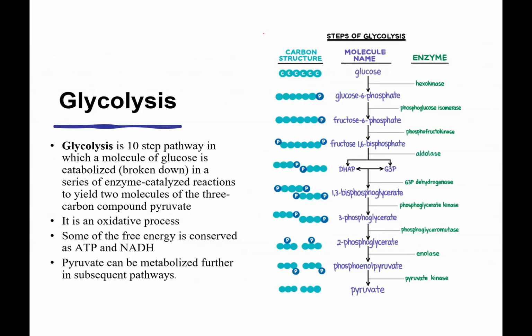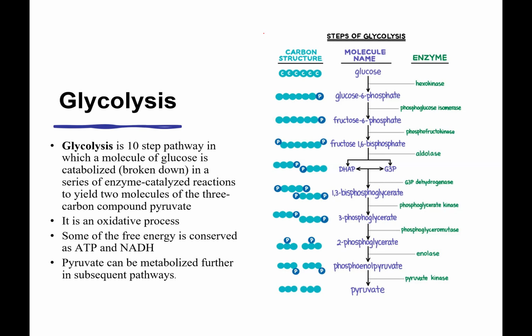As mentioned, glycolysis is a 10-step pathway. As I already mentioned, catabolism, or something getting catabolized, is just a term for breaking down a molecule, rather than anabolism, which is synthesis or building up of a molecule. We have a series of enzyme-catalyzed reactions.